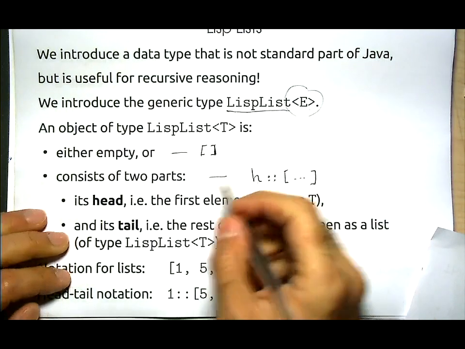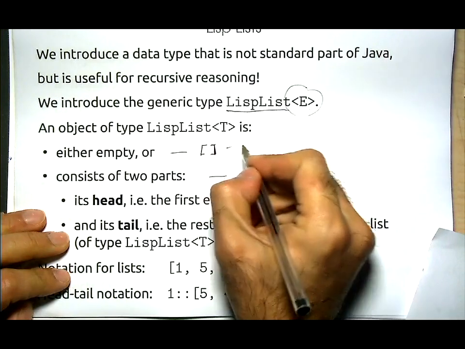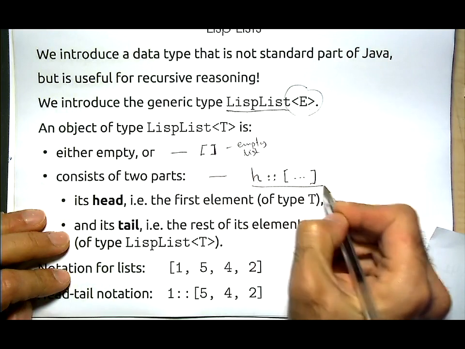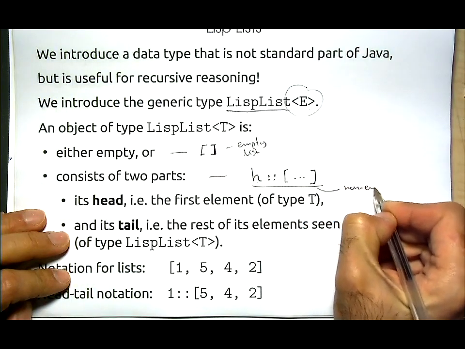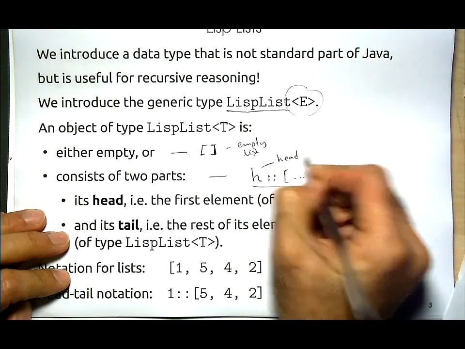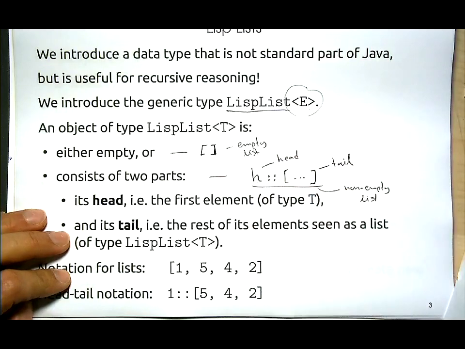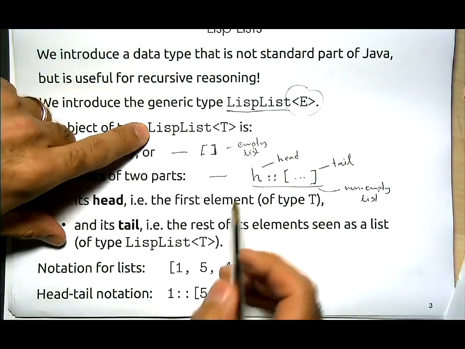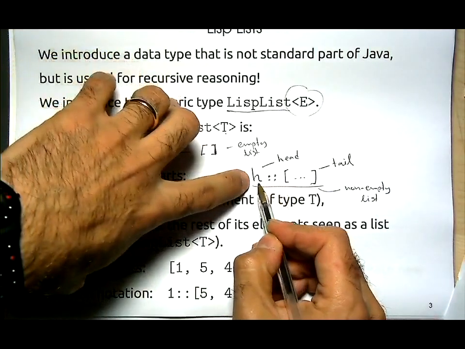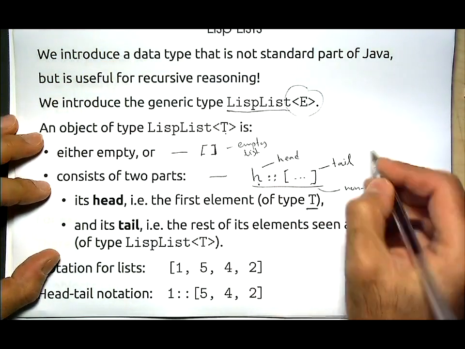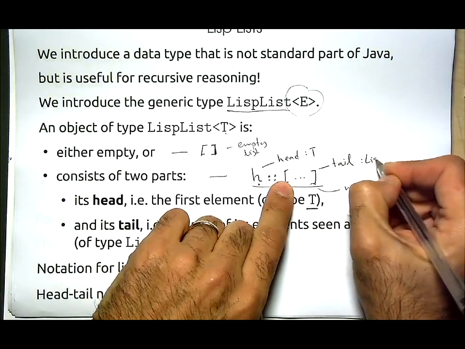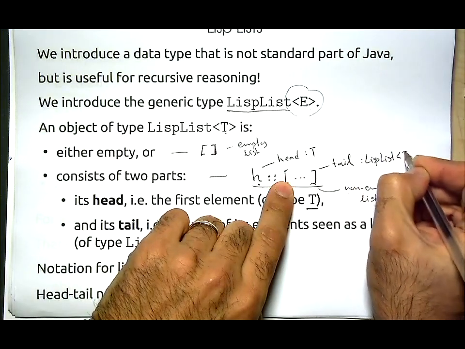So this is the empty list, and this is a non-empty list. And this would be the head, and this would be the tail. If the list is of type T, then this means it contains elements of type T. And in particular, the head is an element of type T. The tail is a list, so it's itself a list of type T.